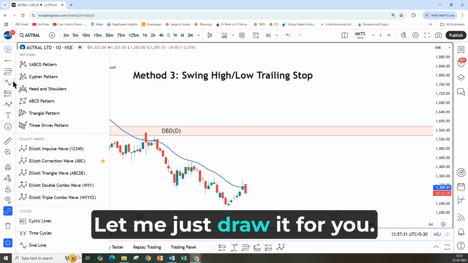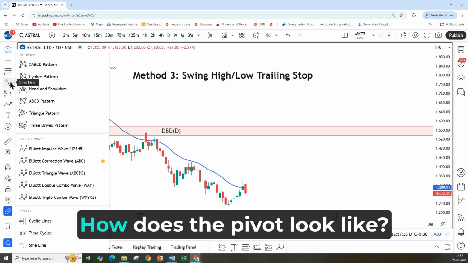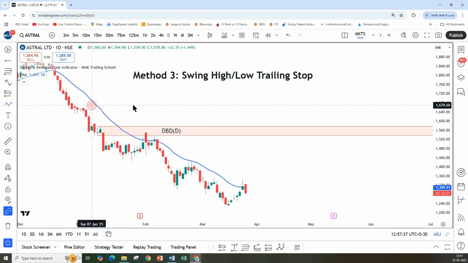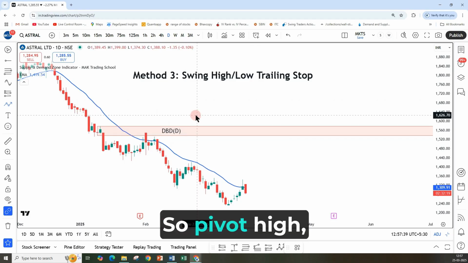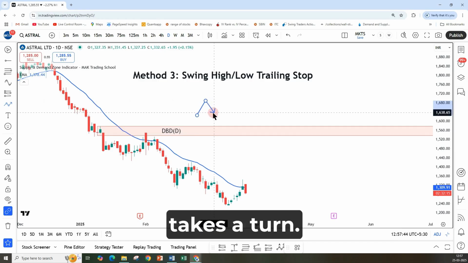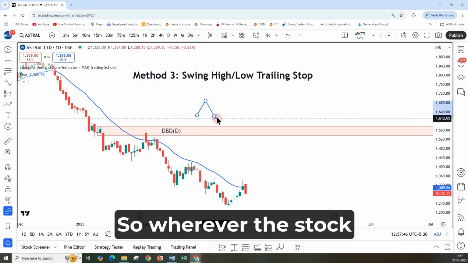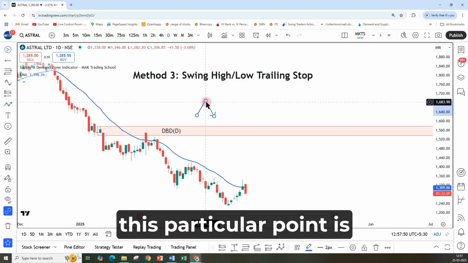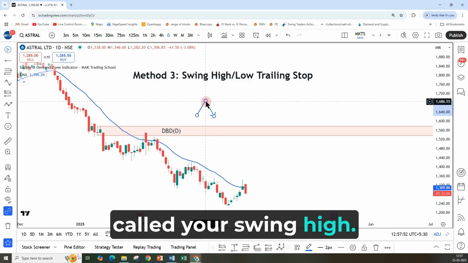So let me just draw it for you. How does a pivot look like? So pivot high, price going up, stops going up, takes a turn. So wherever the stock is pivoting, this particular point is called your swing high.